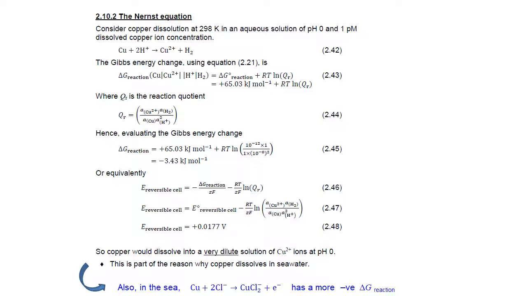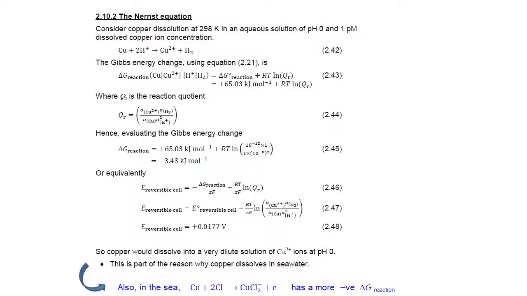The other half of the reason why copper dissolves in seawater is that the reaction isn't actually copper metal dissolving to give copper 2+. It actually forms a chloride complex, and the chloride complex is more stable than copper 2+ ions, so the reaction actually has a more negative delta Gibbs energy change than is implied by equation 2.43.